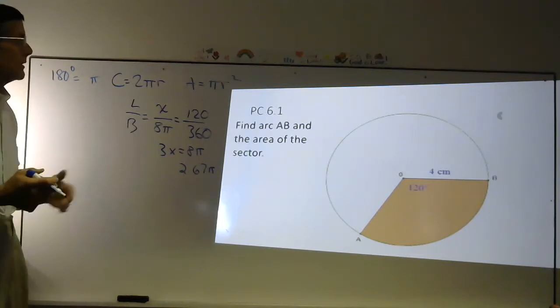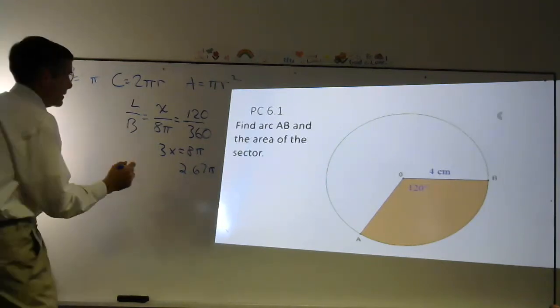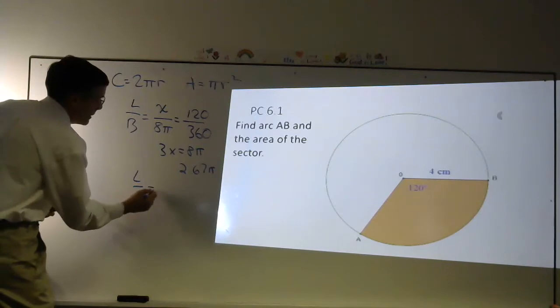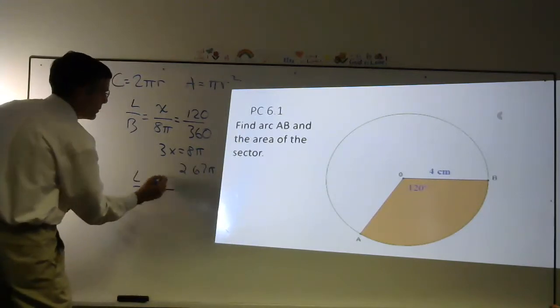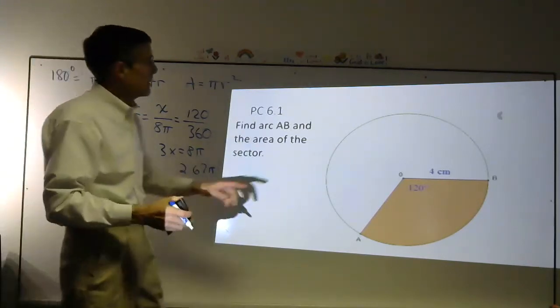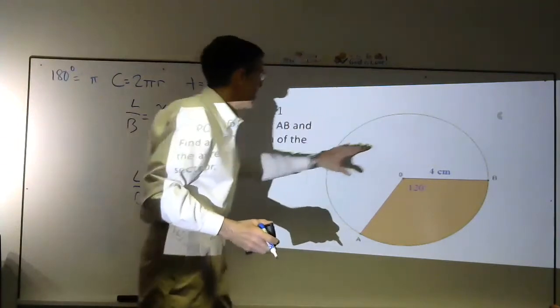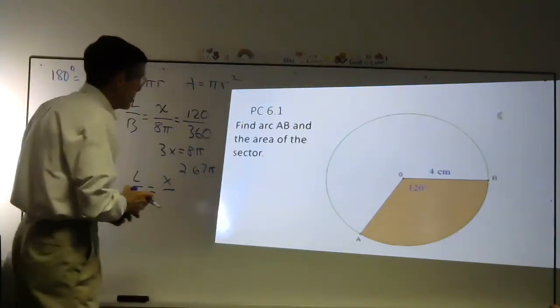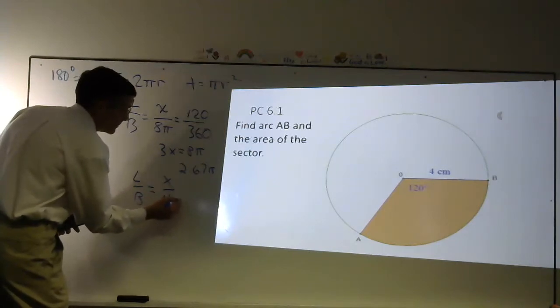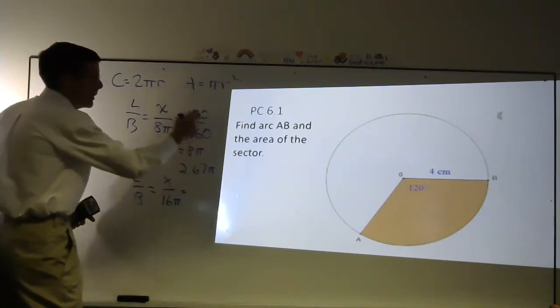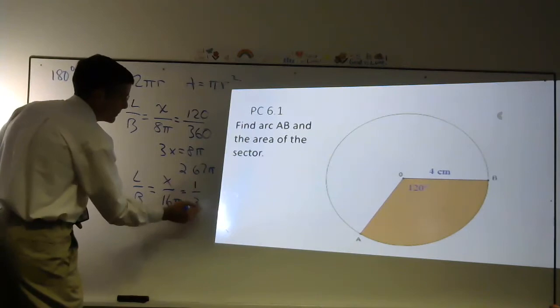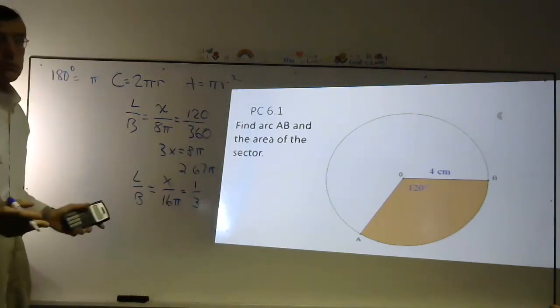Now, what about the area of the gold sector? Do the same thing. Little to big. This little area, I don't know what it is. How about the whole area? The whole area, is it not 16 pi, pi r squared? And then once again, the 120 to 360 is 1/3. And cross multiply and solve.